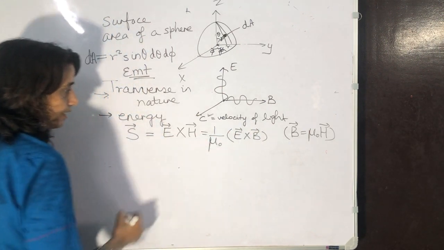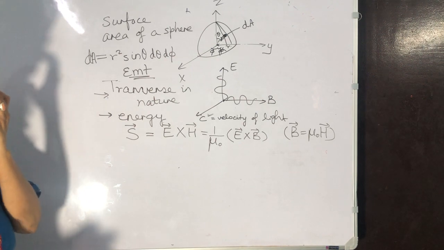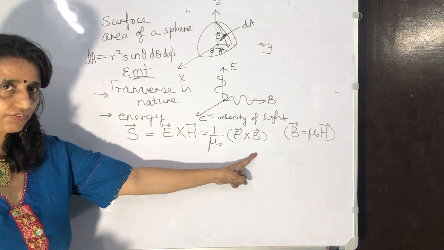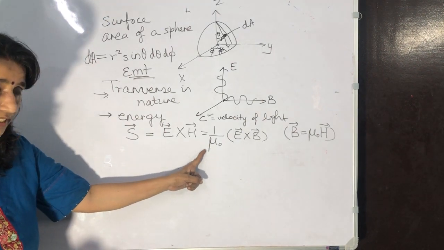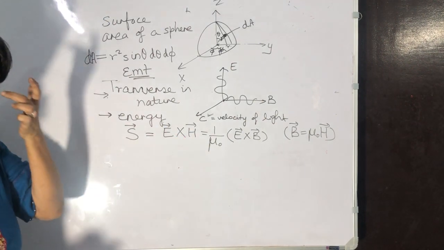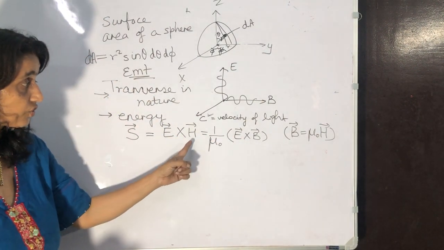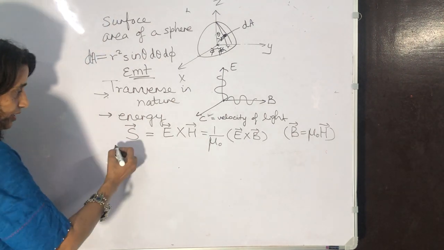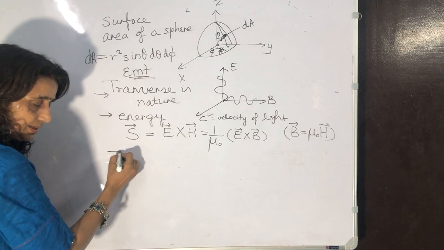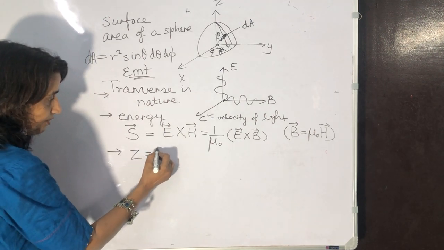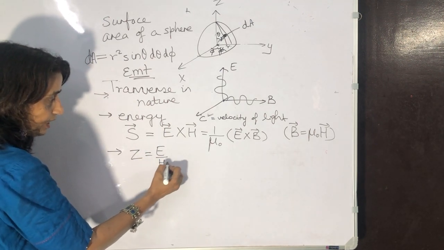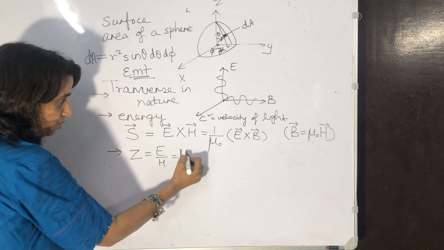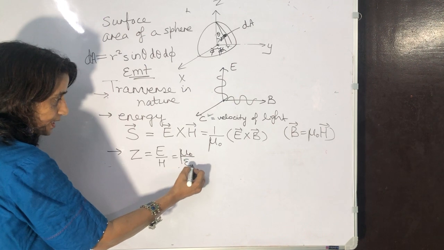This is for the energy of an electromagnetic wave: electric field intensity, magnetic field intensity, permeability, and H is the magnetic field strength. Then the impedance is given by E upon H, which is equal to the square root of mu naught upon epsilon naught.